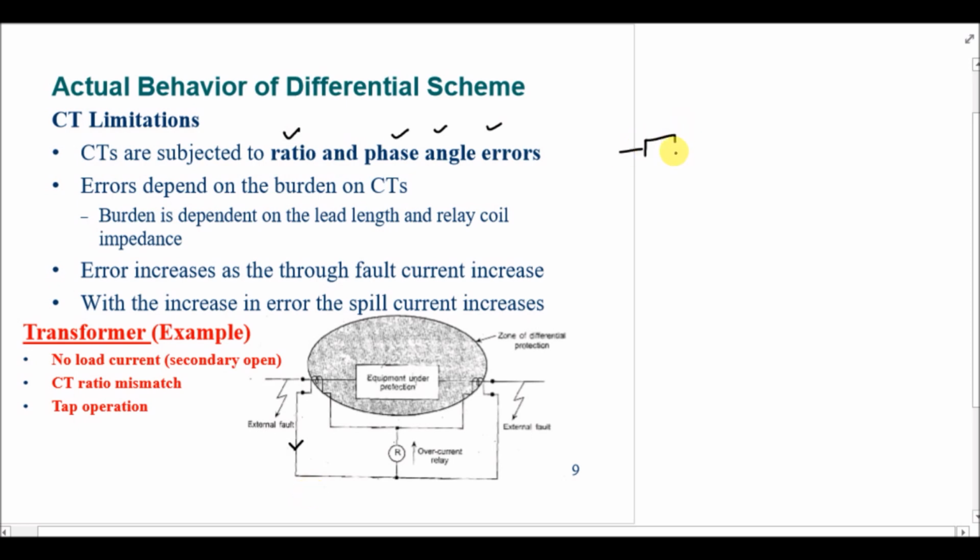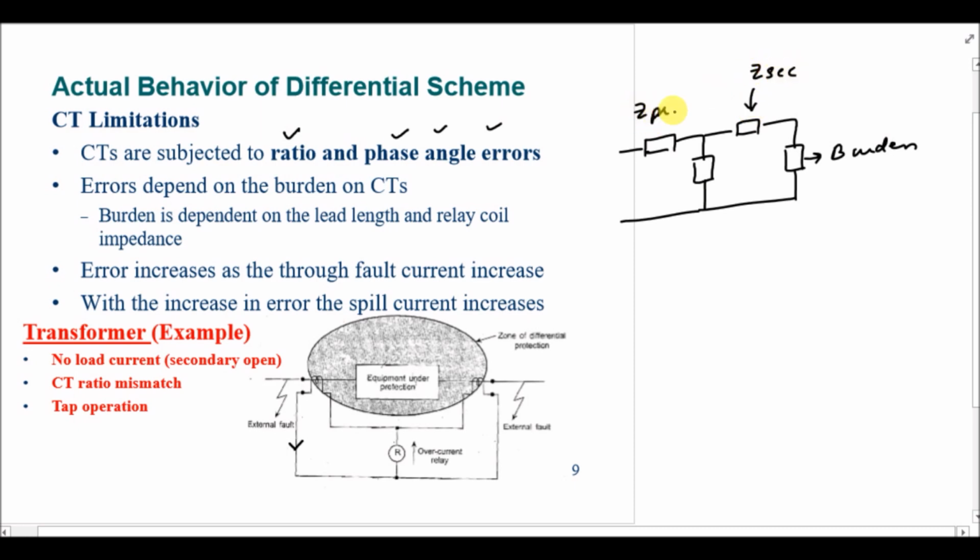If we draw the equivalent circuit of the CT, this is the burden, this is Z secondary, Z primary, and this is the XM, and there is one resistance here as well, that is RC. So this RC represents the core losses and XM represents the magnetization losses.